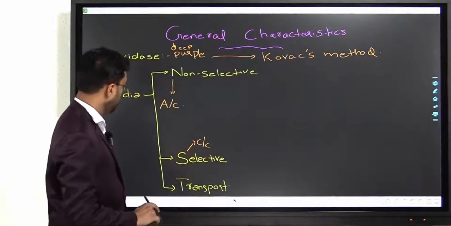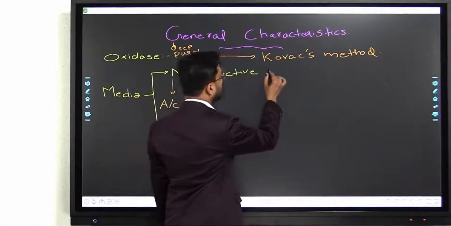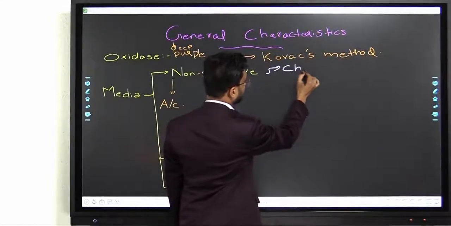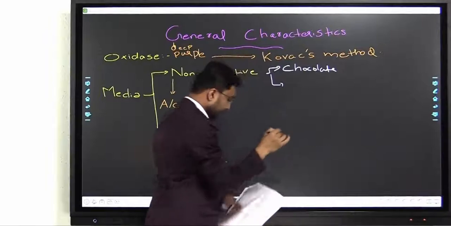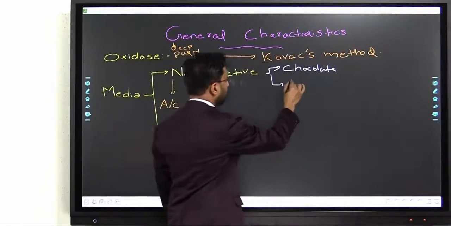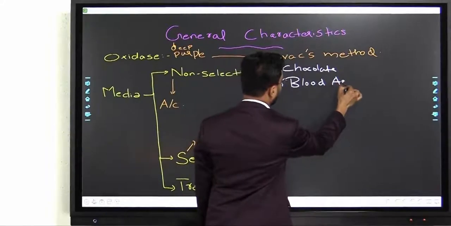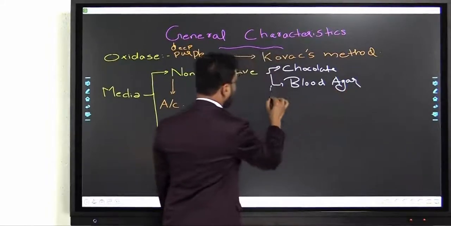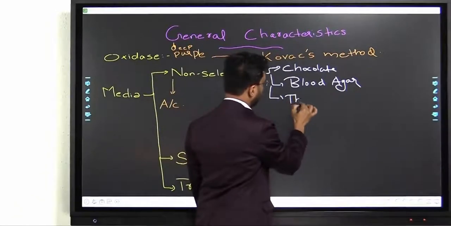Now let us see the non-selective media examples. Chocolate agar, or even blood agar works, all the simple media. Then you have the Thayer-Martin media.